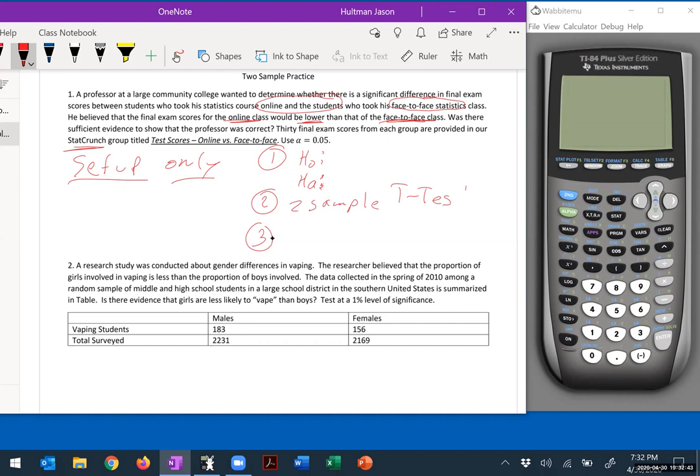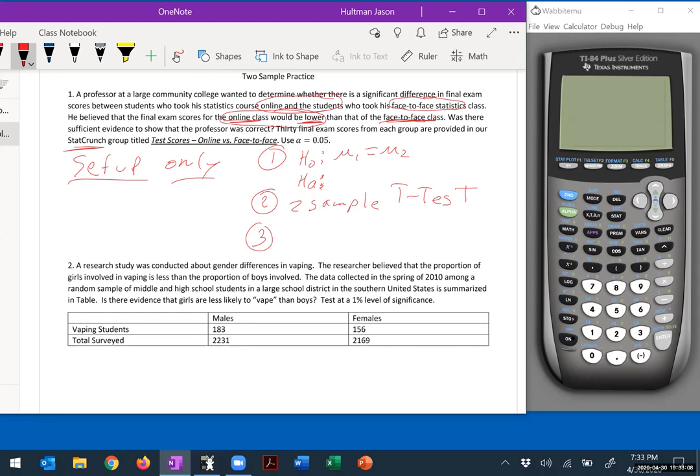Okay, t-test. And so it's going to be mu1 is equal to mu2. That's my null. And we want to know if there's any difference, right? Is there any difference? Where does that say? We believe the final, oh no, no, not difference. It's, we believe that the final exam scores would be lower than that in the face-to-face.